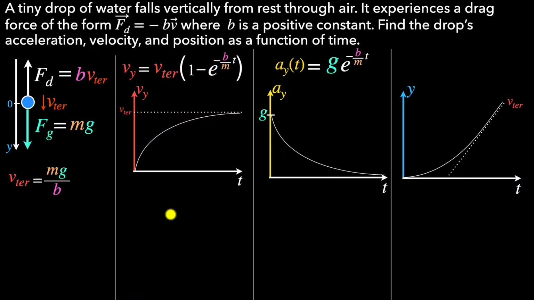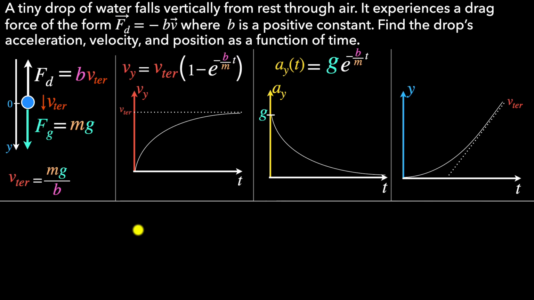But here's the last bit of information about the drag force. Over here, we modeled it in such a way that the magnitude of the drag force was proportional to the magnitude of the velocity, right? That's what we did in this particular case. Turns out that this model only works when we are dealing with very small objects moving through fluids.